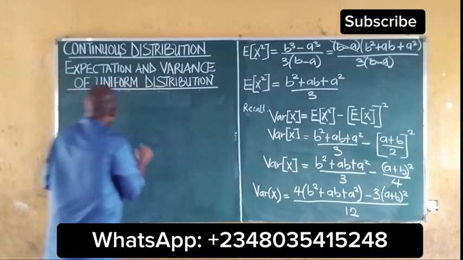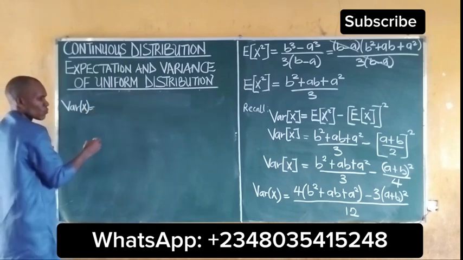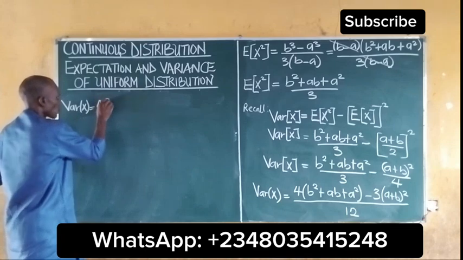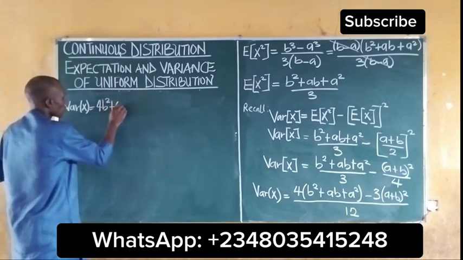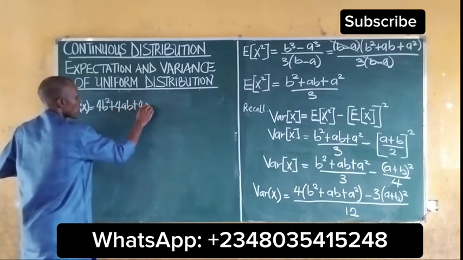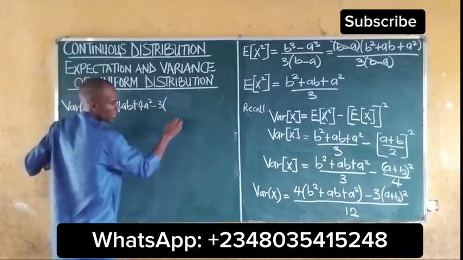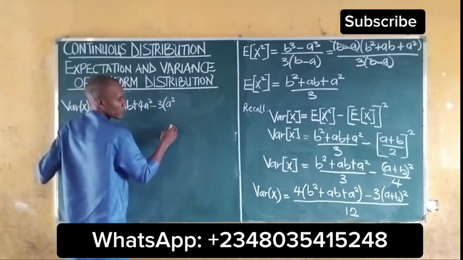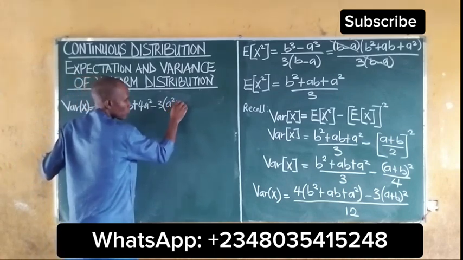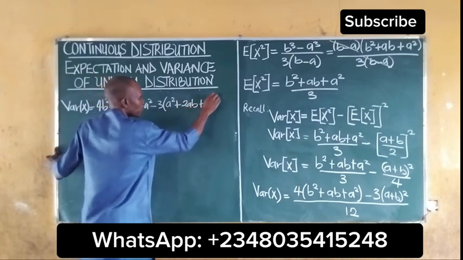So expanding this, we have our variance of x to be equal to 4b squared plus 4ab plus 4a squared minus 3 times, we open this bracket to give us a squared plus 2ab plus b squared.